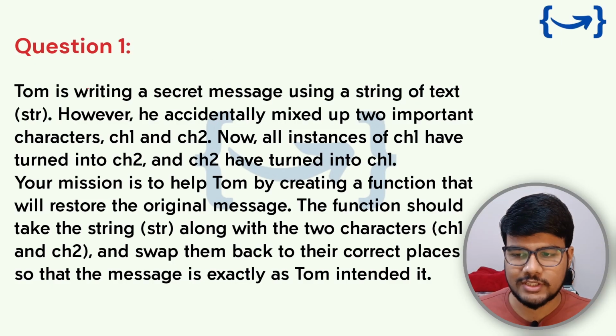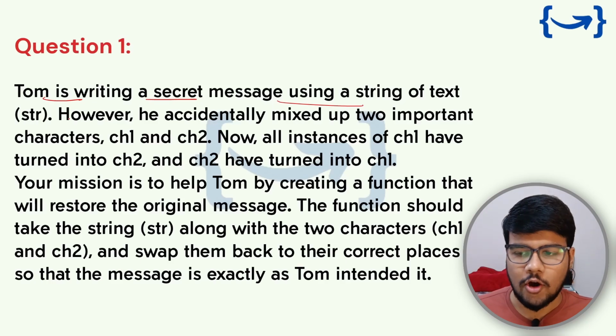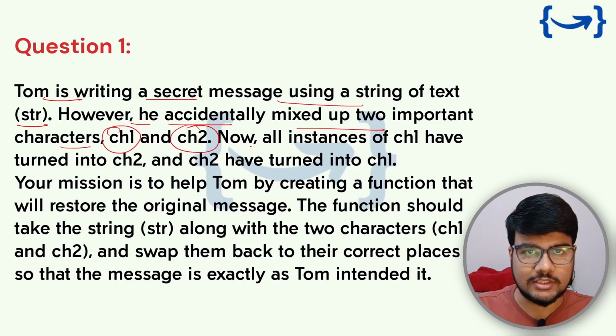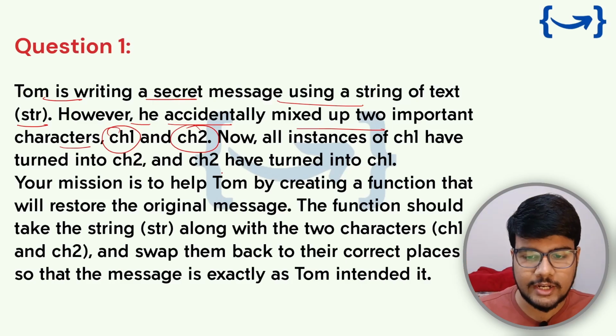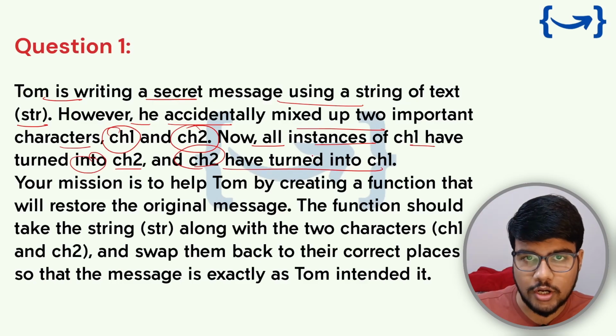Now question one: Tom is writing a secret message using a string of text str. However, he accidentally mixed up two important characters, ch1 and ch2. This type of question is exactly what you can get in your Accenture exam as well, because these are storytelling type questions. All instances of ch1 have turned into ch2 and ch2 have turned into ch1.